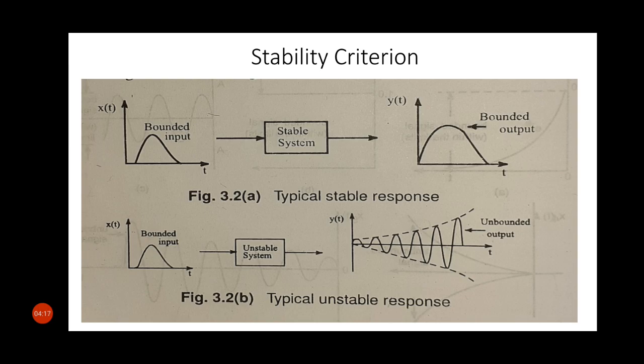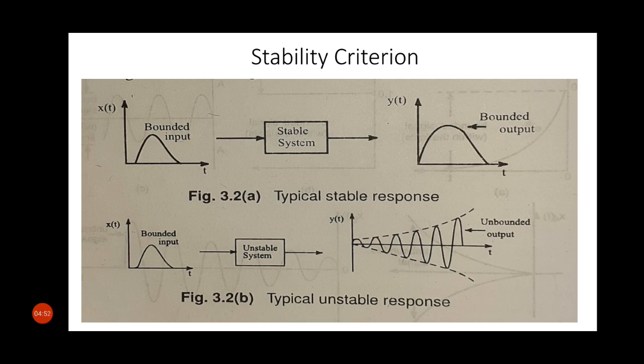If for a bounded input the output is unbounded, as shown in figure 3.2b, then the system is said to be unstable. A condition on impulse response for BIBO stability can be easily obtained using the convolution integral.